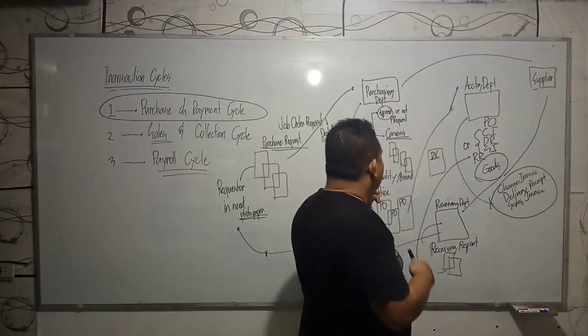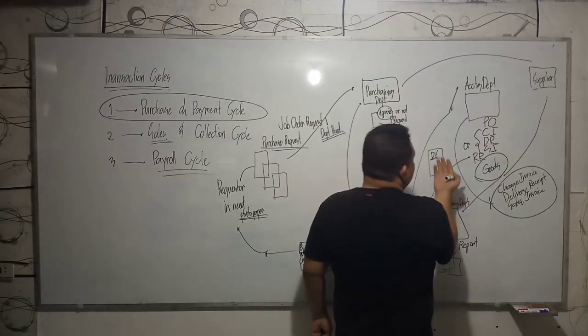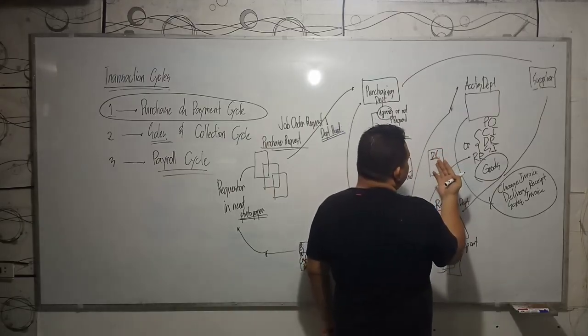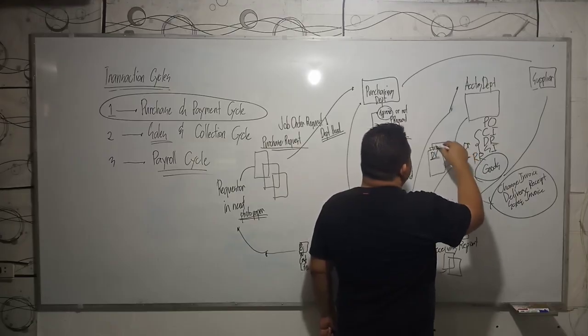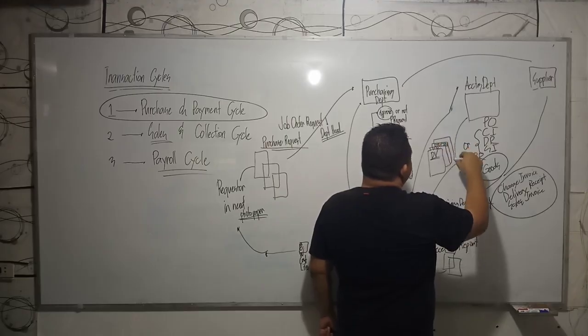Okay? So, normally, the disbursement voucher comes first for signature, and after that, you have here the receiving report, and then the delivery receipt or charge invoice or sales invoice, and then the purchase order.